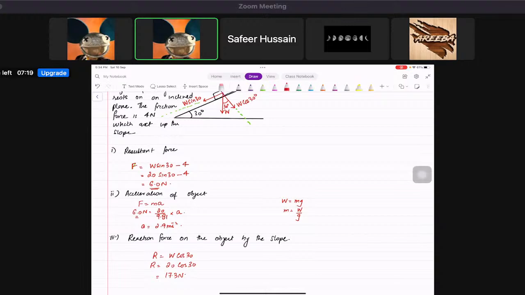Just give me one second, please. Usually the slope questions come in MCQs, but not many come, so it's not like you'll always find them, but they are there, so we just need to be aware of that.